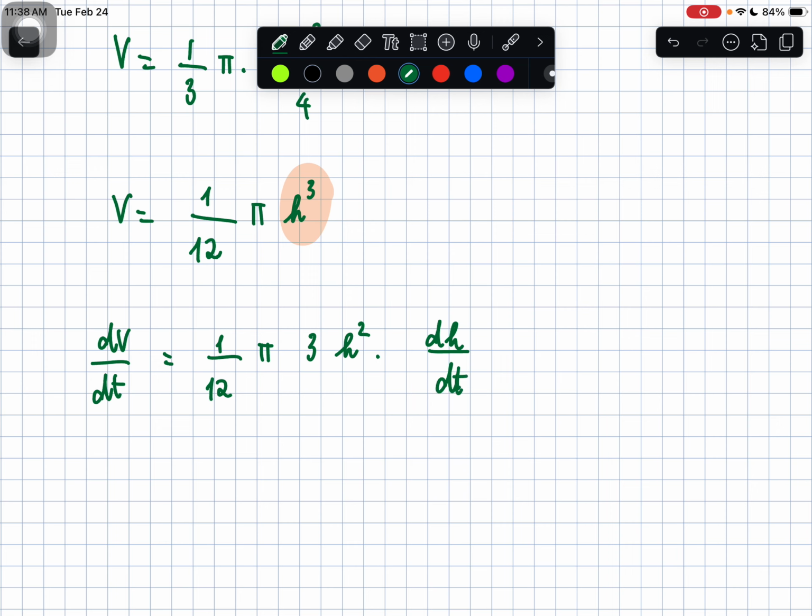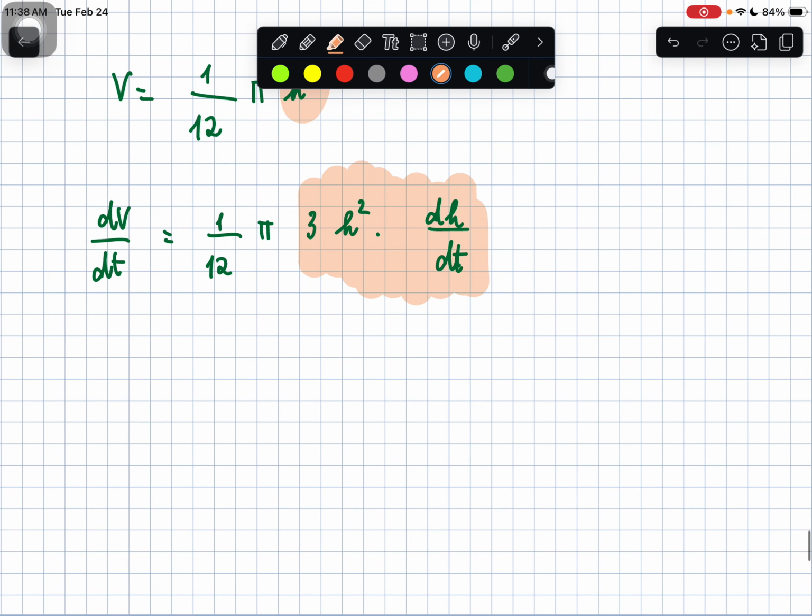So we use the chain rule there. This is the derivative of h cubed. On the right-hand side, the 3 and the 3 down there cancel out, so it's 1 over 4 pi h squared dh over dt.